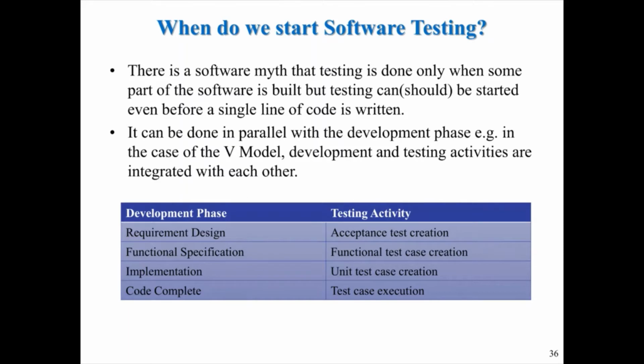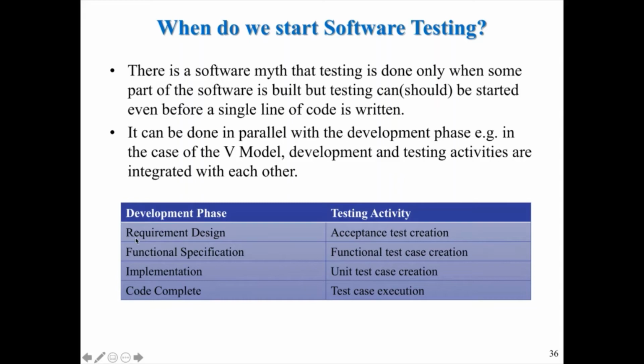Software testing starts even right from the first activity, because in the first activity we start from requirements engineering, requirements elicitation or requirement design, from functional specification. Then we come to the implementation, then the code is complete, then we check the code.